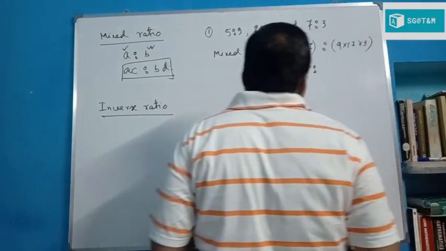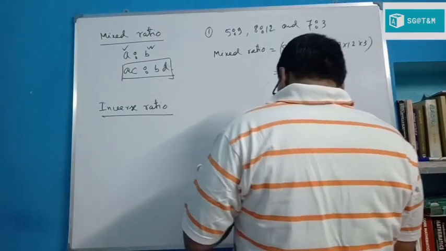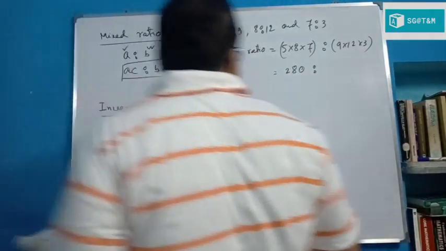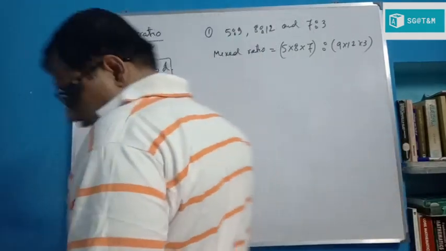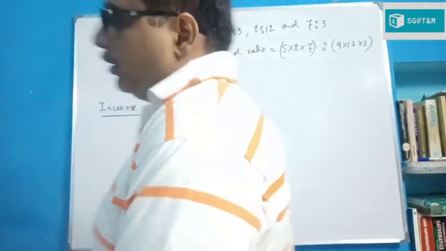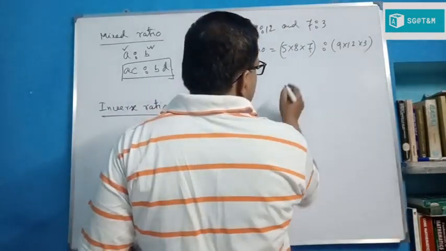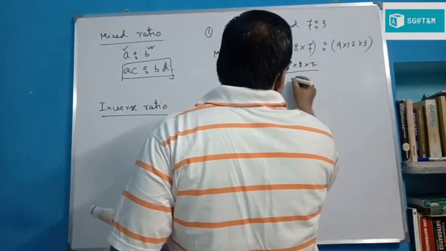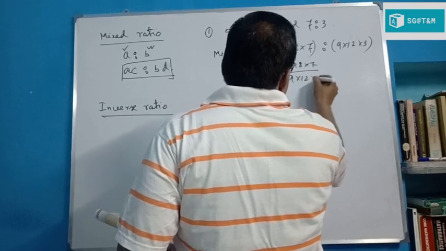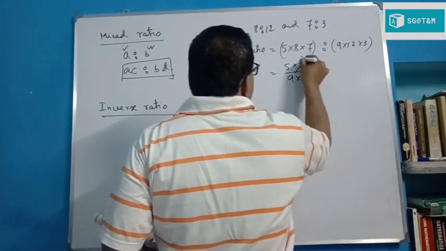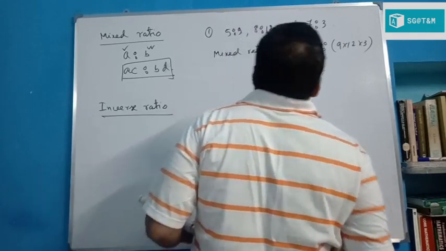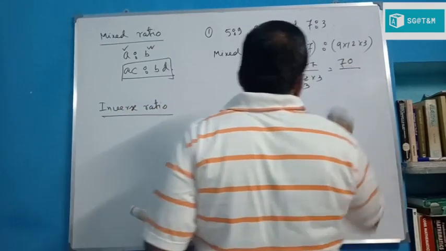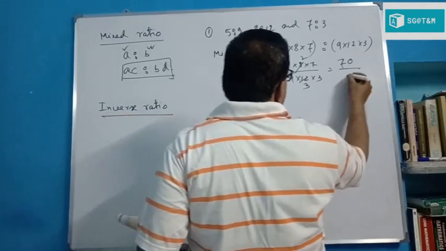Or in another way, we write it in simplified form, which is easier to calculate. 5 into 8 into 7 by 9 into 12 into 3. Dividing by 4, this is 2 and this is 3. 10 into 7 is 70, and 9 into 9 is 81.